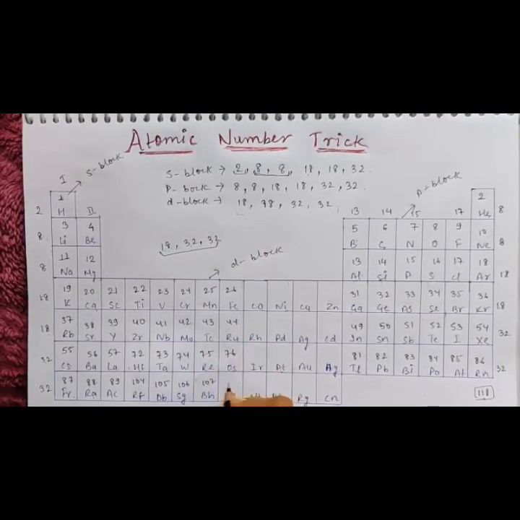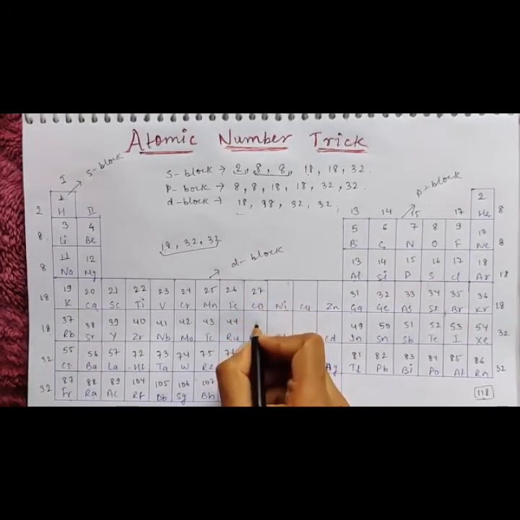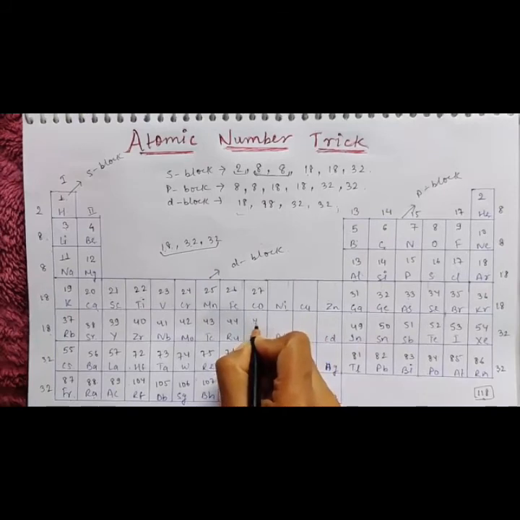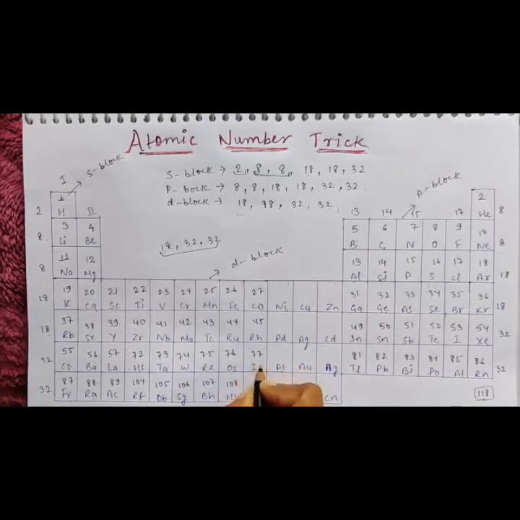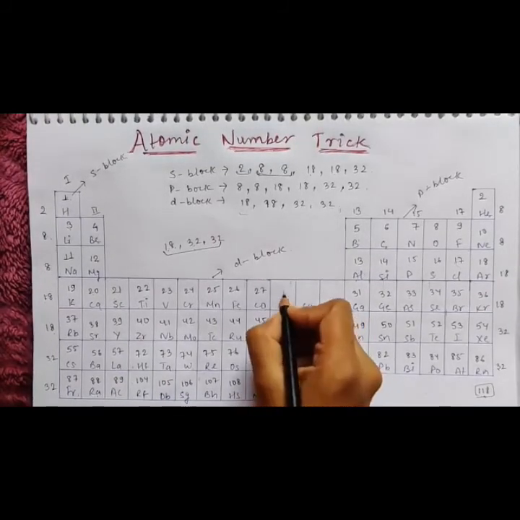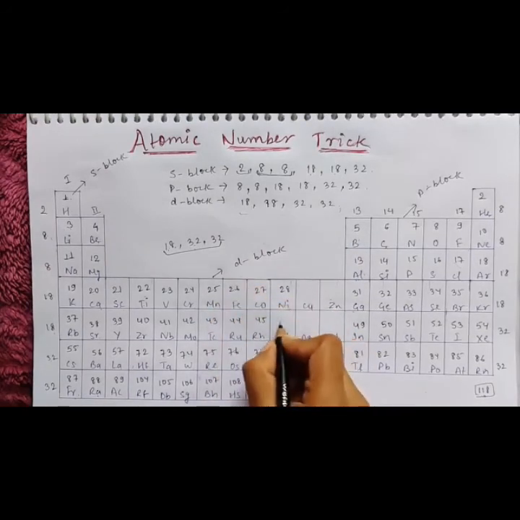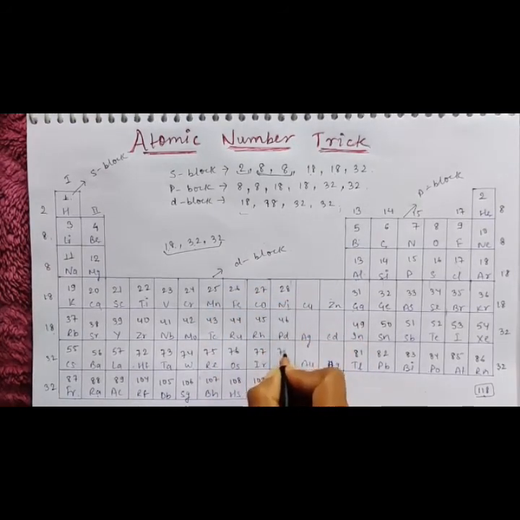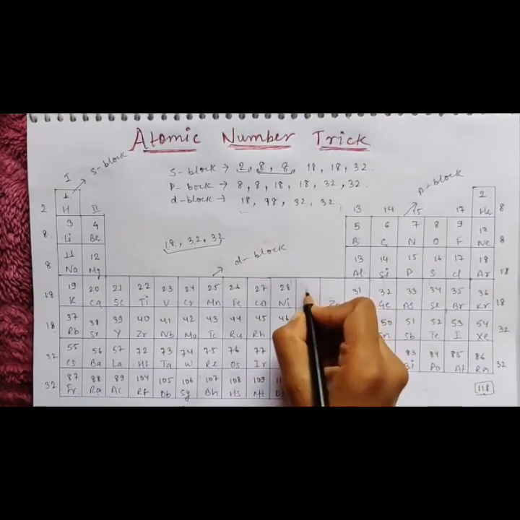For example, here D1 in the valence level, suppose 3D1. 3D1 means what happened? In the valence level, in the electronic configuration, the valency orbital is 3D1. So D1, 1 plus 2 extra, that is for S and P it is okay. So D1 means 1 plus 2, 3. D is always B only. So 3B, third B.